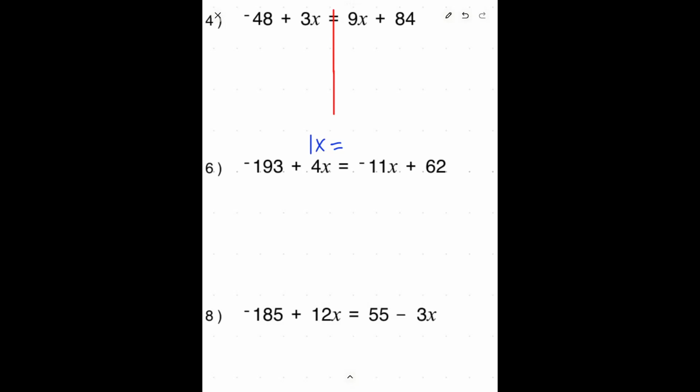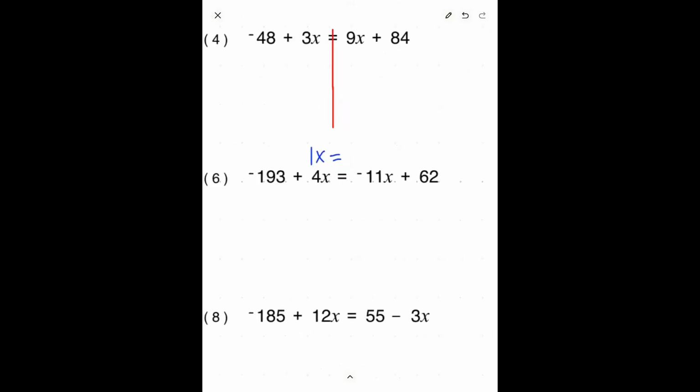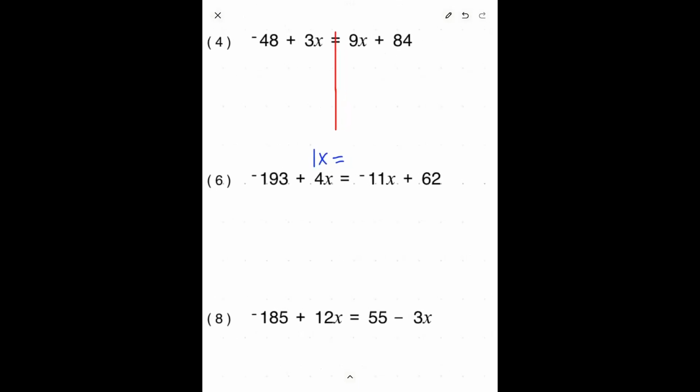If it doesn't have an x, it goes into the circle. So, for example, this negative 48 is going to go into a circle because it doesn't have an x. The plus 3x is going to go into a box. And notice I put the plus 3x all in there, and I'll explain why.